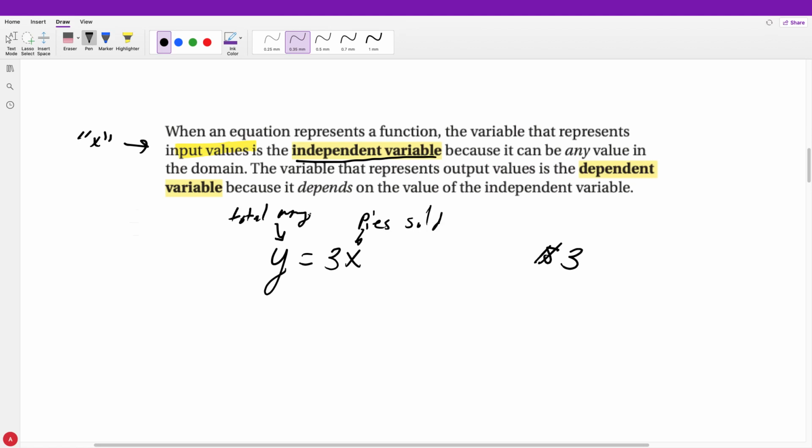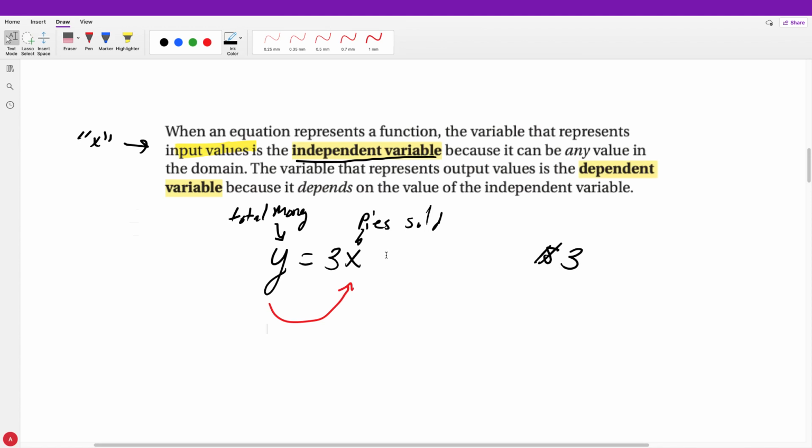And since our total money, that's what that's supposed to say. Let me just write that a little bit neater for you. Since our total money that we're making relies on how many pies we sold. So you see, this y value is relying on how many pies we sell. So pies aren't relying on anyone except for someone wanting to come up and buy them. So we can have 5 customers come today, we can have 10, we can have 6, we can have one customer come today that buys 50 pies as well.